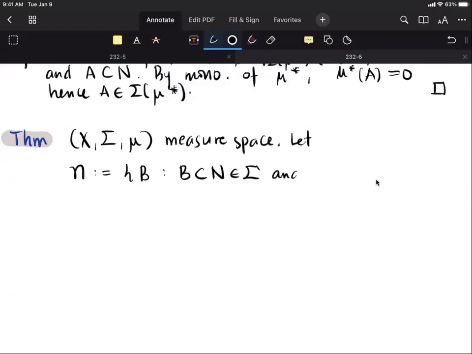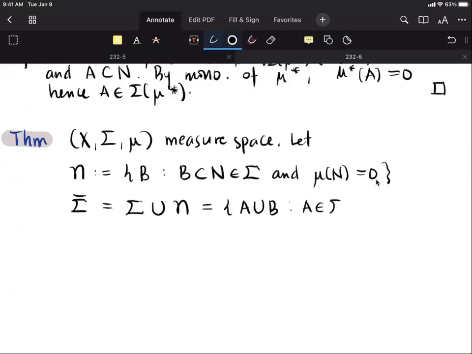So we collect all subsets of mu null sets and define sigma bar to be sigma union N. In other words, this is the collection of all unions A union B, where A is in sigma and B is a subset of a null set.